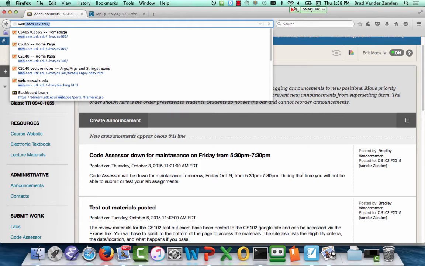PHP because it's the primary language used for server-side scripting. It was actually designed to do server-side scripting. And JavaScript because it is the primary scripting language used to do client-side scripting. It also was designed specifically for client-side scripting.